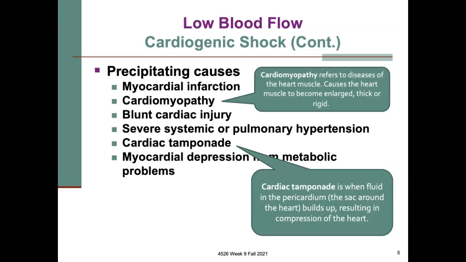Myocardial depression related to metabolic problems. Cardiac tamponade is when fluid in the pericardium, the sac around the heart, builds up and results in compression of the heart. And then, as I've said, myocardial depression from metabolic problems. So think of your metabolic alkalosis and acidosis.